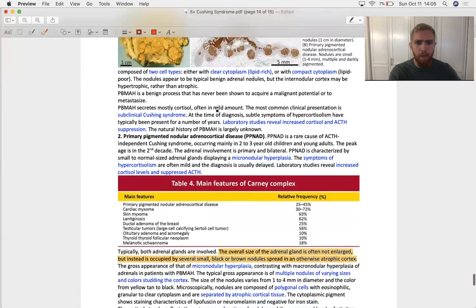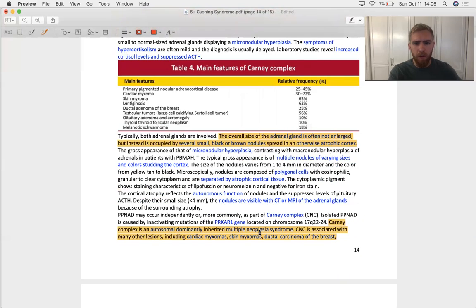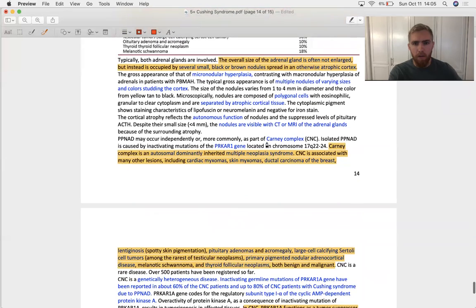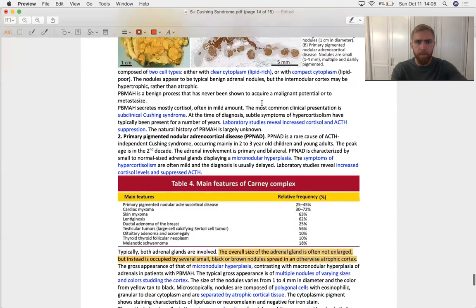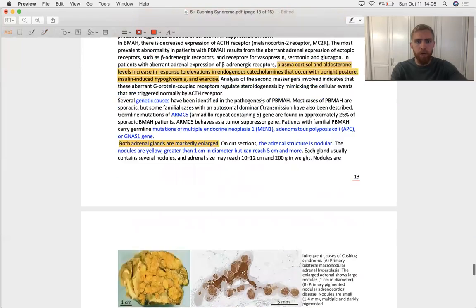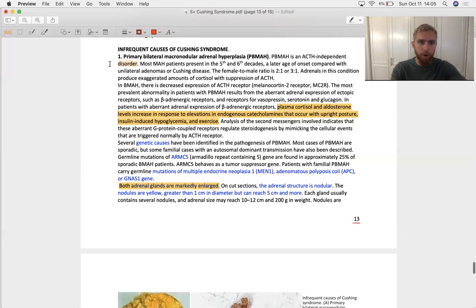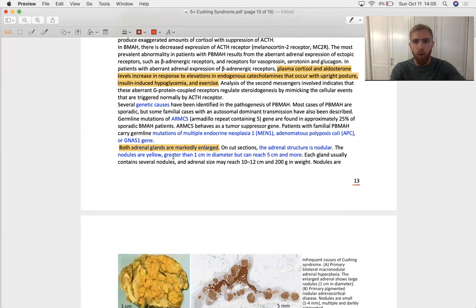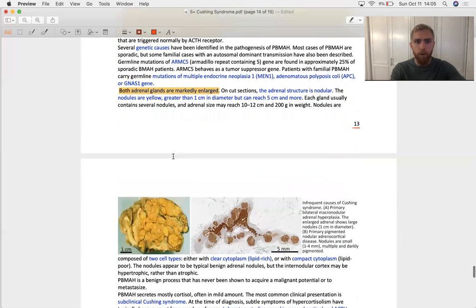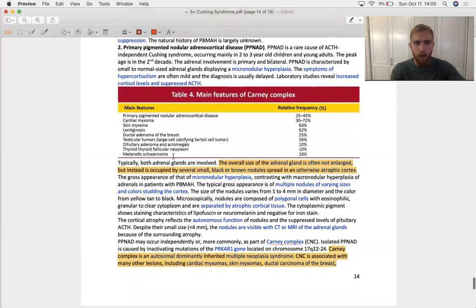And this last one, primary pigmented, is also popping up as part of this thing called Carney complex, which I won't dive too deep into either, but it's something you ought to recognize just in case you see it again. So both of these two disorders would give you excess cortisol, hypercortisolemia, due to primary production of cortisol by the adrenals.